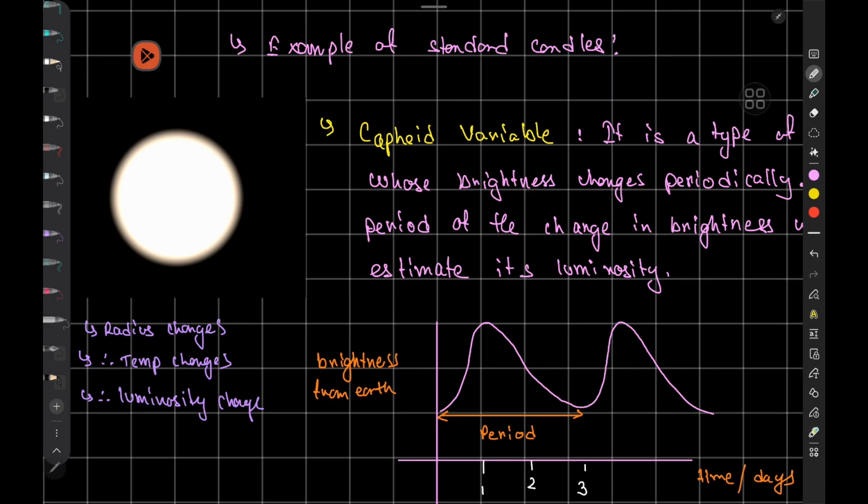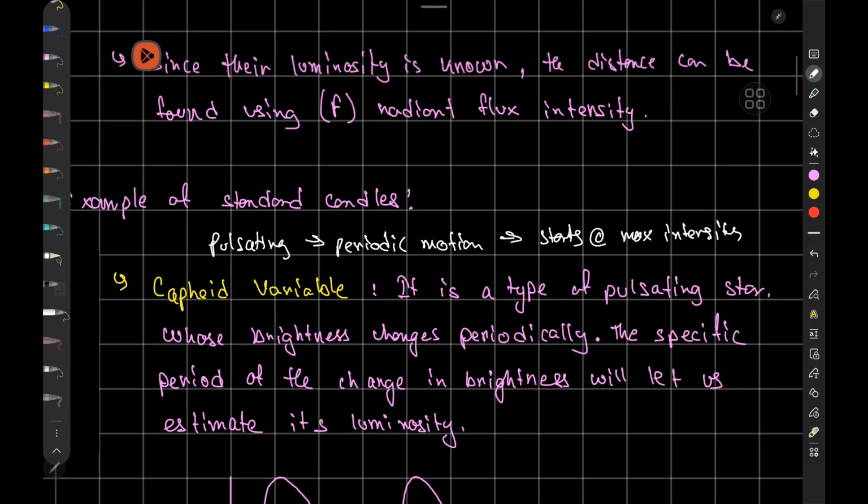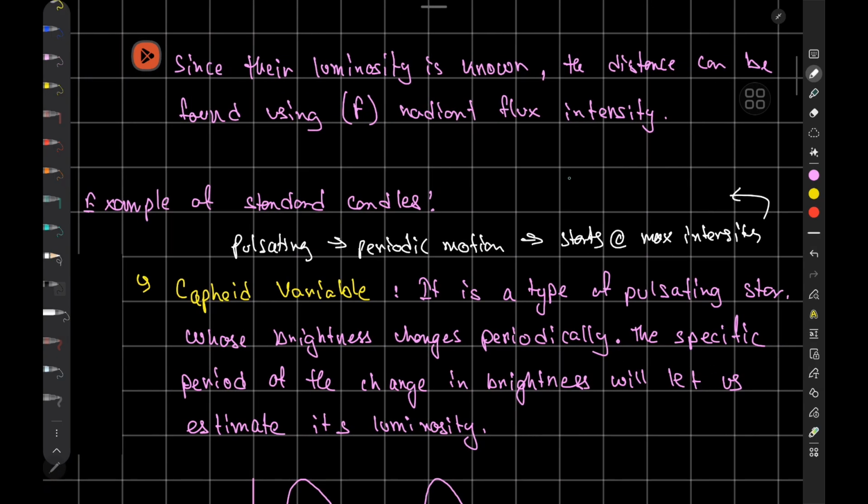It is going through a periodic motion where, let's say, it starts at max intensity, then after, let's say, a time t, it goes to lowest or least intensity.